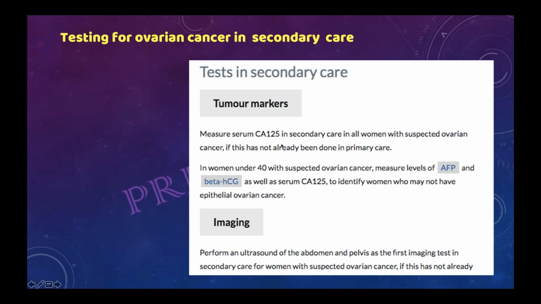If CA125 has not been done, it will be done, or if ultrasound is not done, it will be done. Apart from this, if the woman is less than 40 years of age, then measurement of alpha fetoprotein and beta HCG, and CA125. If the suspicion of epithelial cancer is there, then all these tests will be done.